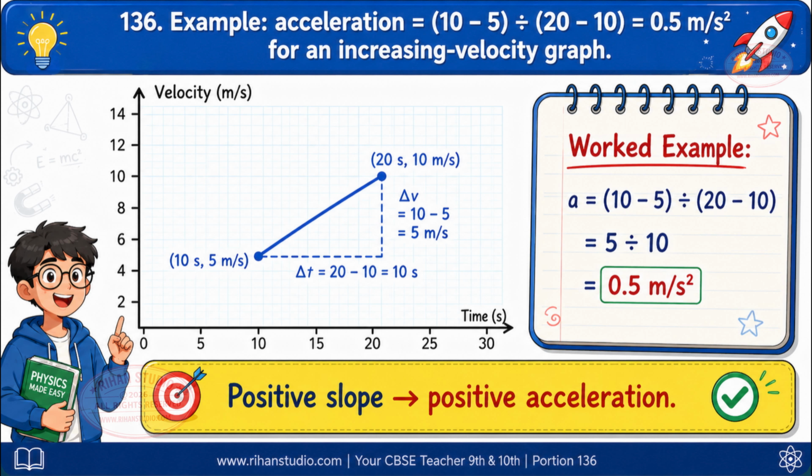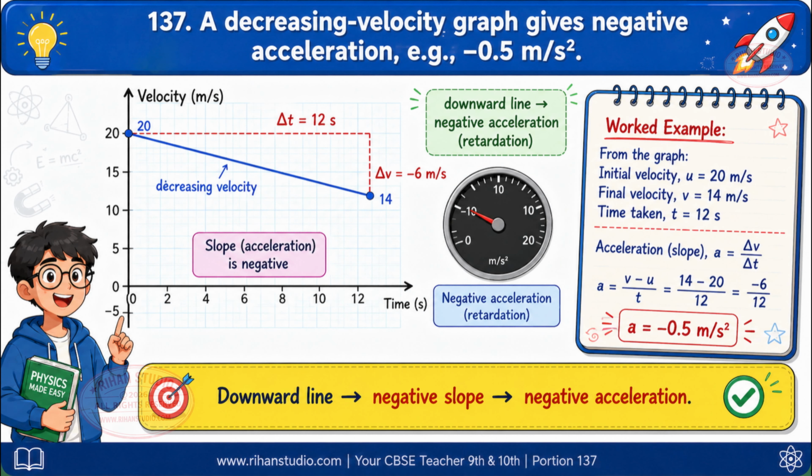The work. Slope equals 10 minus 5 divided by 20 minus 10, that is 5 divided by 10, which is 0.5 meters per second squared. A decreasing velocity graph gives negative acceleration, for example, minus 0.5 meters per second squared.